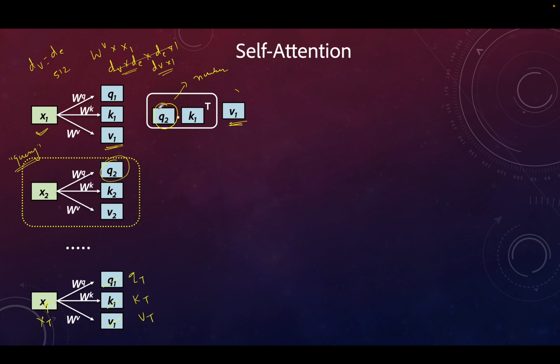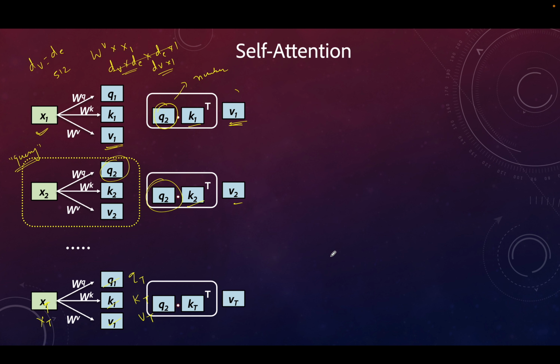So this q2, we will be picking from this query term. Similarly for here also, q2 is fixed, but the corresponding k2 and v2 are multiplied, all the way up to the Tth term in the sequence. So q2 is fixed everywhere, since the current sequence we are looking at has the query term as the second one.